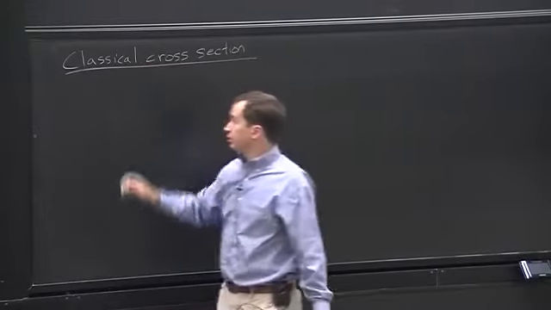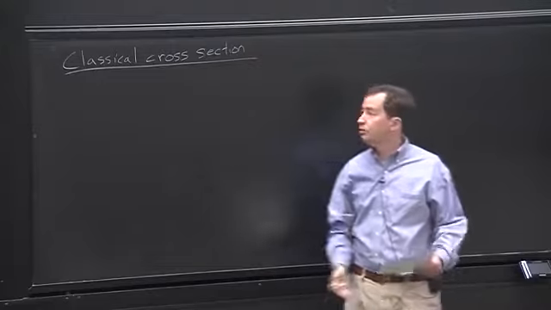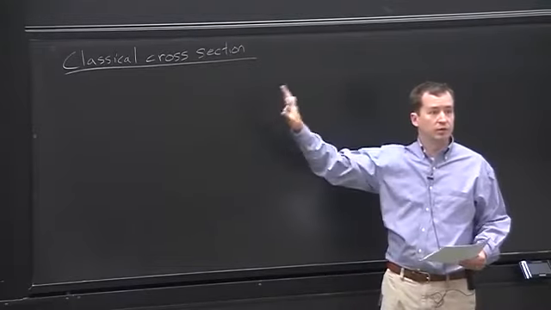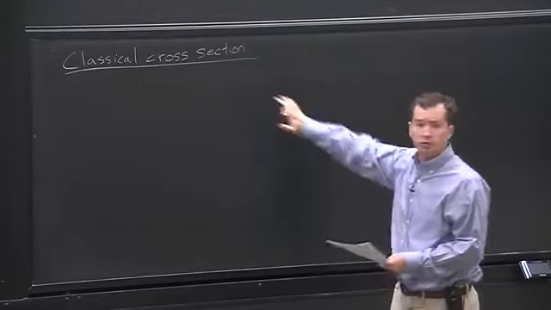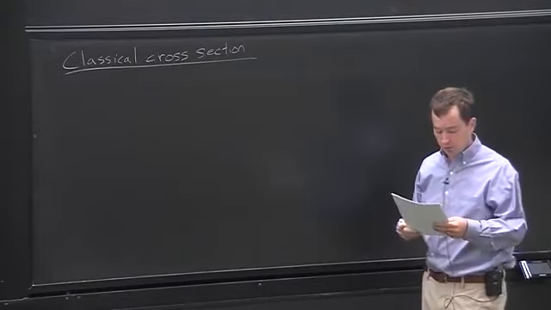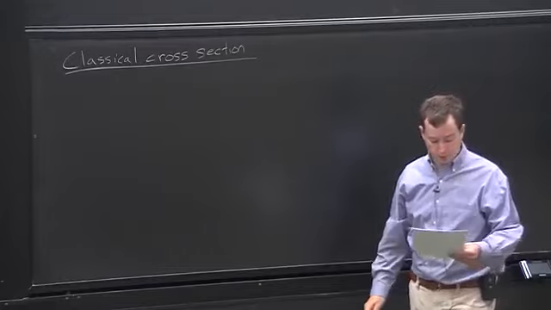In quantum field theory, the cross section, the quantum mechanical object, is defined in a very similar way. And to understand where that definition comes from, it's useful to review what's going on in the classical theory.